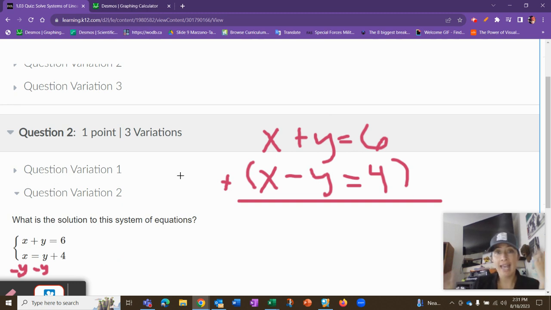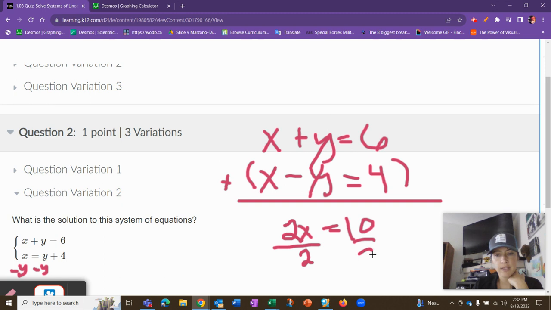Well, in this case, I'm going to add because the signs for the variables I'm trying to remove are opposites. So I can just combine them. So I'll get 2x. Oh, x, it's going to be 5. This goes away, plus y minus y. It cancels. It actually just equals 0. It just means no matter what y is, if you add that, and then whatever it is, you then subtract that, it'll be 0. 6 plus 4 is 10.